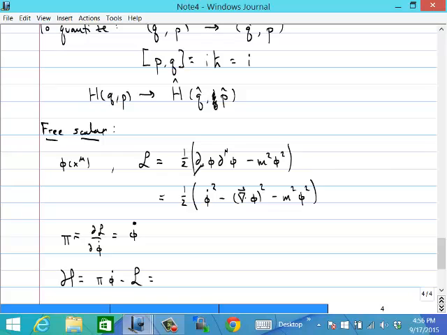So let me write it as a function of pi and phi, instead of as a function of phi and phi dot. So what is that? That's going to be pi squared plus grad phi squared plus m squared phi squared.